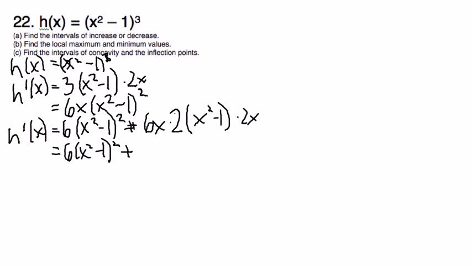And we can take everything that's outside the parentheses on this next part and add them together, so then we will get 24x squared.